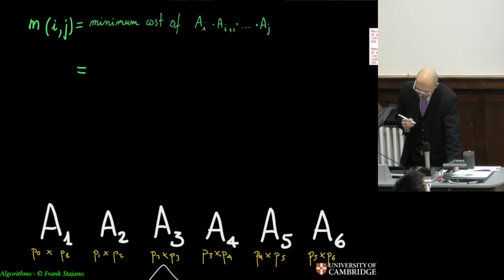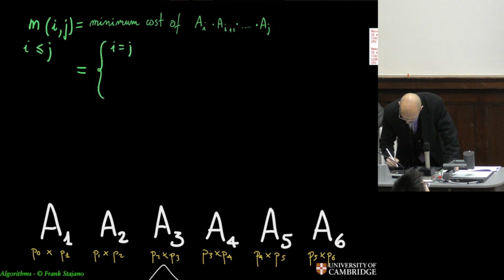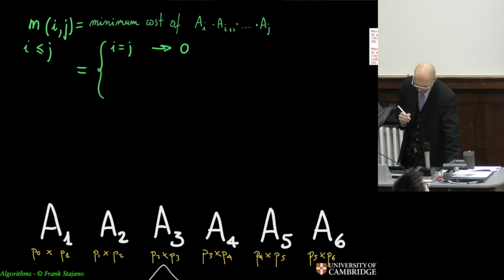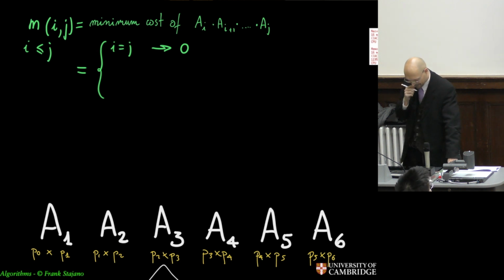I is going to be less than or equal to j, but if i is equal to j, it means the cost of multiplying, say, M33 is the cost of A3 alone. If i equals j, then it's going to be 0. I don't pay anything.